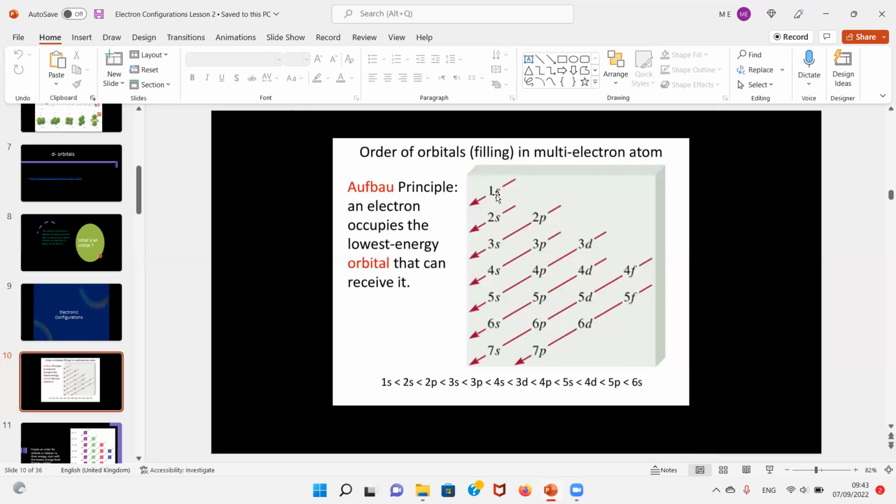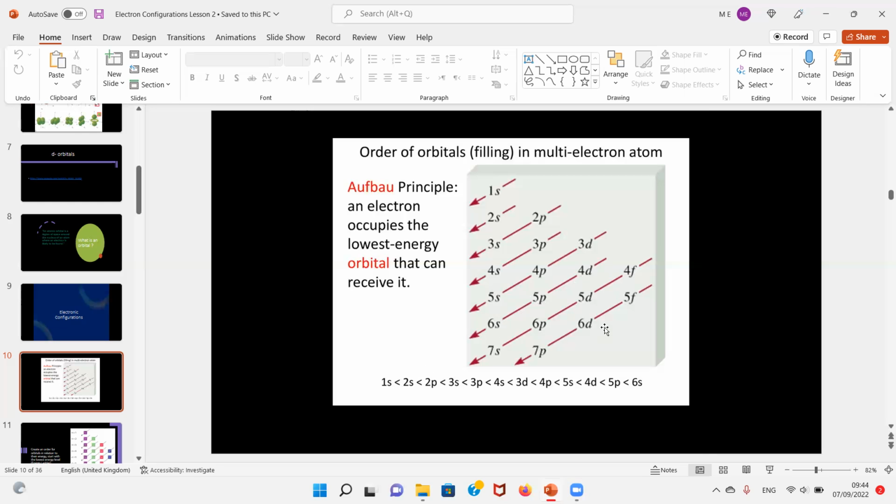If we want to make the order of the lowest energies, we can just follow the arrow. If you follow the arrow, you will see that you have 1s, then 2s, then 2p, then 3s, then 3p, then 4s, then 3d, which is slightly higher than 4s, then 4p, then 5s, then 4d, and so on.